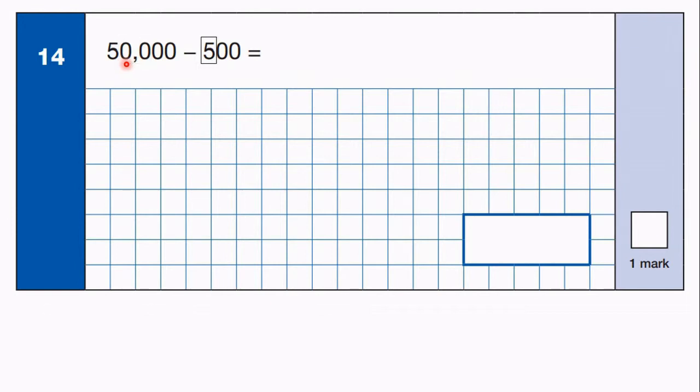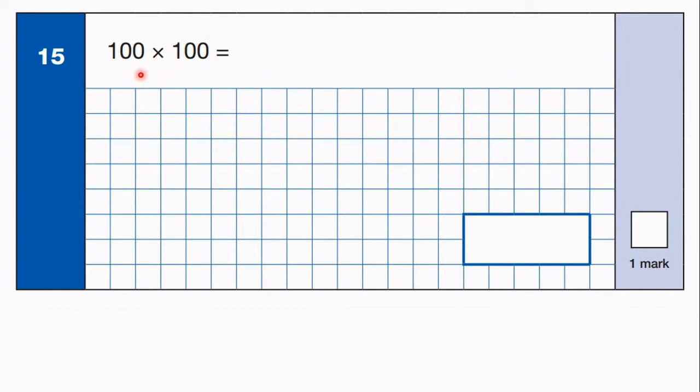We still only have zeros, so if we look to the left again, we can see that our answer will be 500 take away 5 followed by 2 zeros. So we have 49,500, because 500 take away 5 is 495, and then we need the zeros that we started with in our tens and units columns.